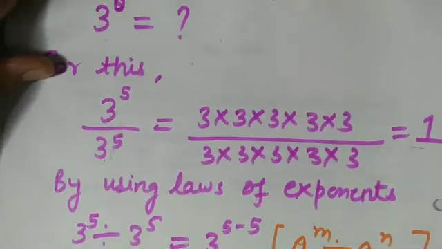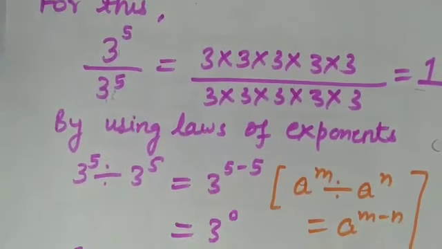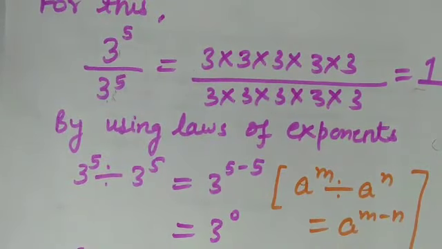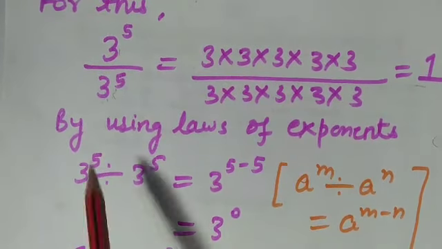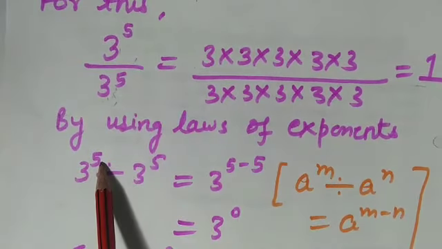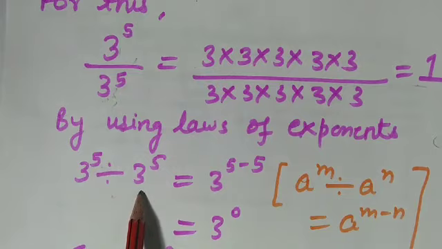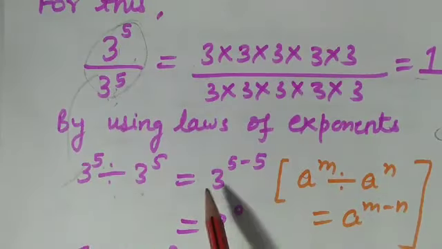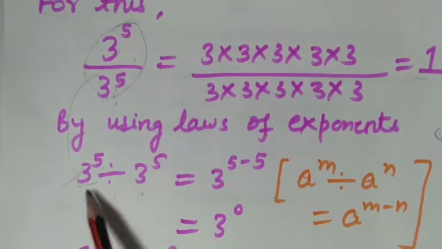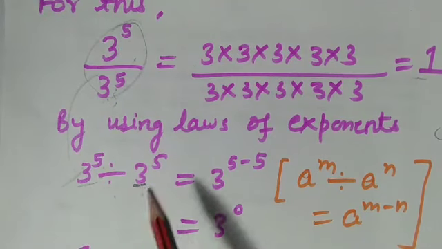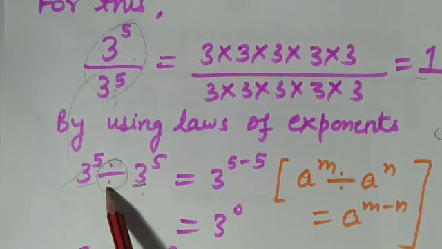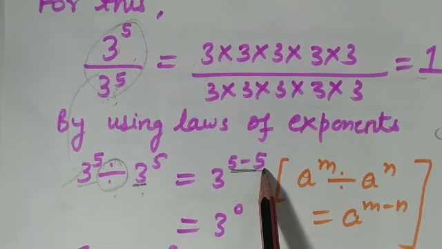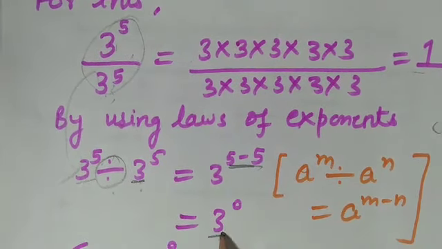Now using laws of exponent, let us again find this value. This is 3 raised to the power 5 divided by 3 raised to the power 5. Now we have the same base and there is division in between, so the powers get subtracted. So it will be 3 raised to the power 0.